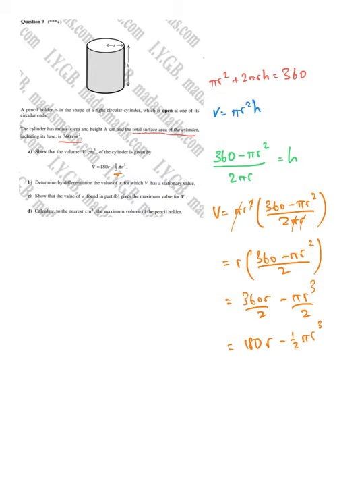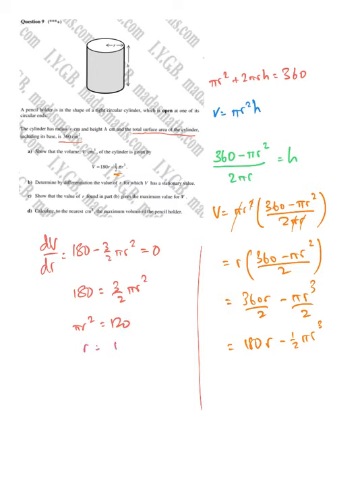And from there, as before, I'm just going to find dV/dr, which is 180 minus 3 over 2 pi r squared, and that equals 0. So 180 equals 3 over 2 pi r squared. So pi r squared is 120, r is root of 120 over pi, which is about the same as 6.18.